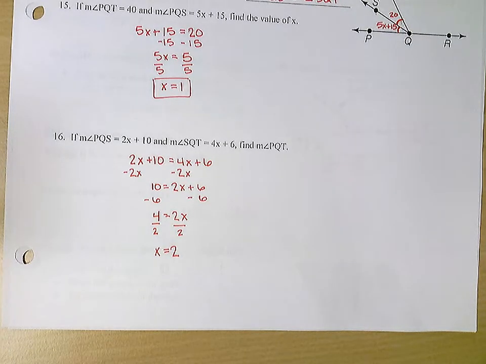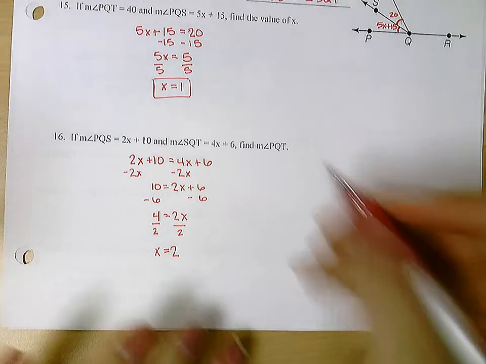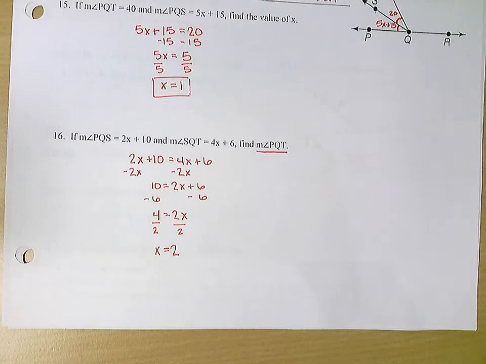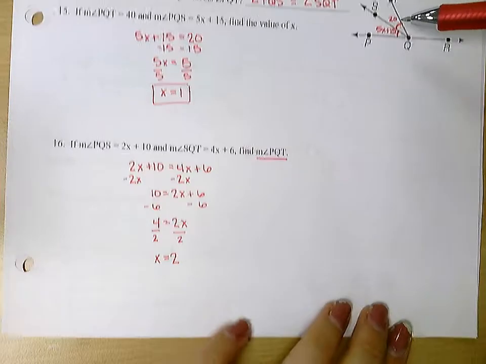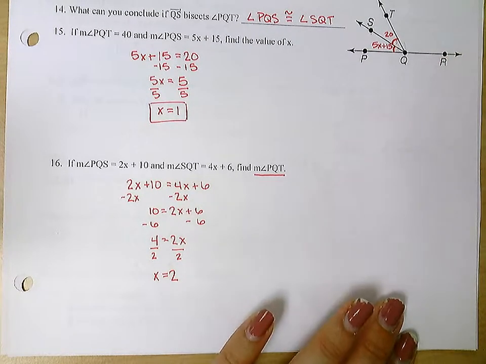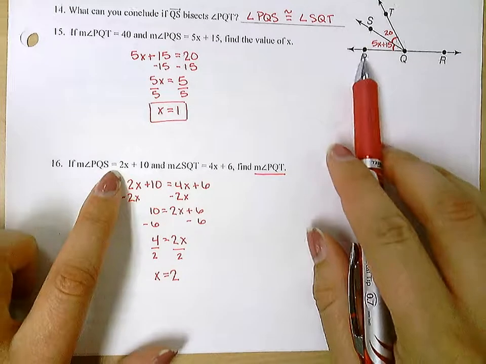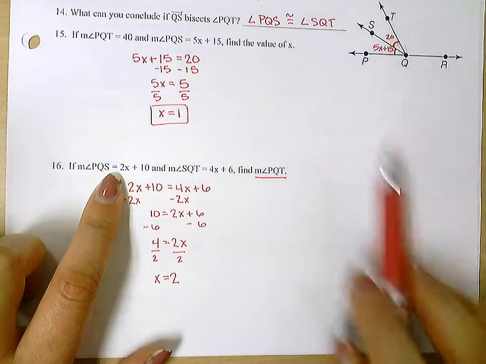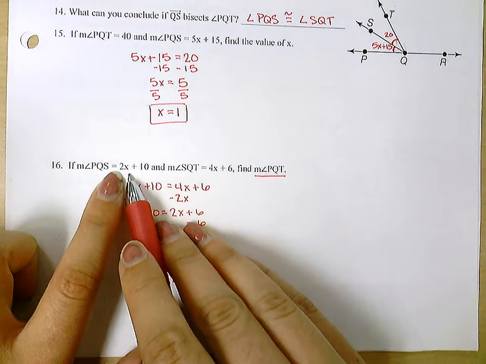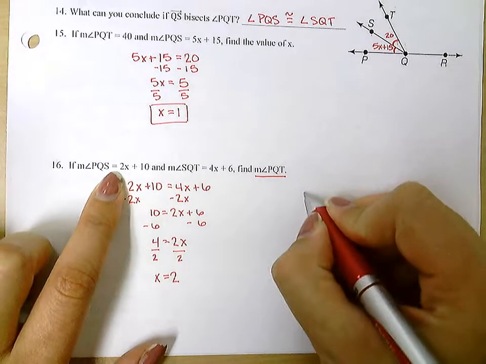Now I found what x was, but that's not what this problem wanted. Okay? This problem wants you to find the measure of angle PQT. See that angle? Okay, so PQT is the entire angle. But I'm given PQS and SQT. So what I can do is plug in 2 for x for one of those. Okay, it doesn't matter which one.